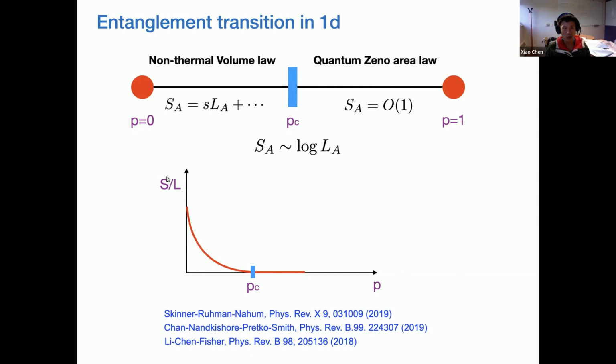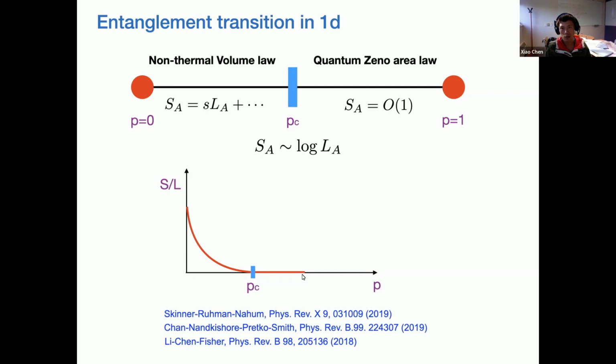If we look at the entanglement entropy density over here, the entanglement density is finite when p is small. This corresponds to the low temperature phase of the Ising model. As we increase the measurement rate, the entanglement entropy density will decrease and eventually become 0 at pc, and remain 0 when p is larger than pc.